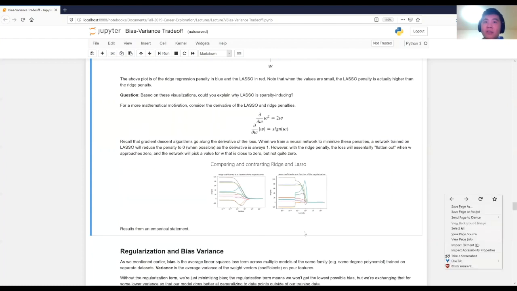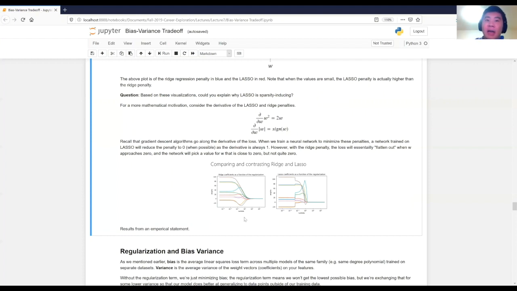So here we can see the results of an empirical study done on this. The x-axis is the lambda values that you have, and the y values are the weights. Intuitively, if you increase the values of lambda, you are incentivizing your model to have smaller and smaller weights.